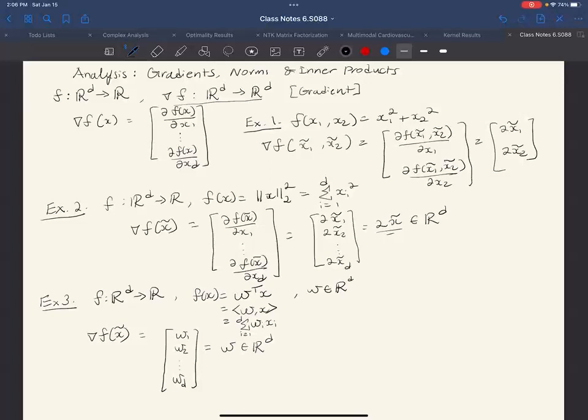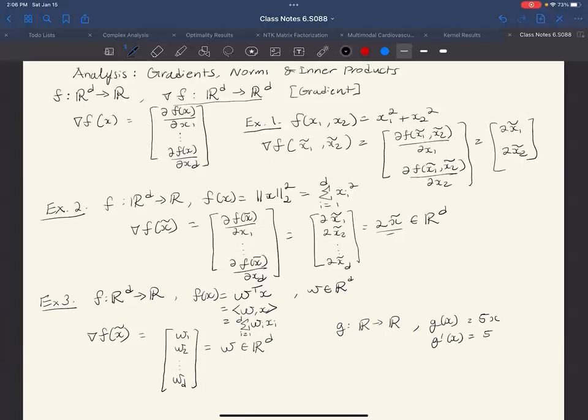This is the gradient. Now something interesting has happened here. If you remember, in the usual one-dimensional case, let's say you have a function g from R to R, and g of x is something like 5x. g prime of x, which is just the derivative, is just 5. This kind of looks like that.